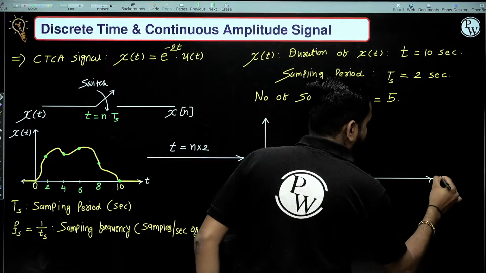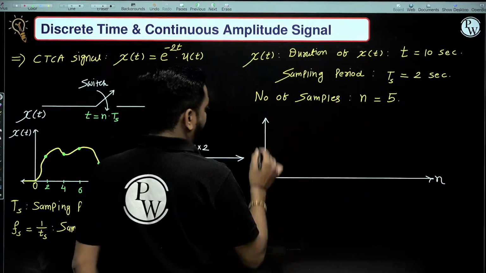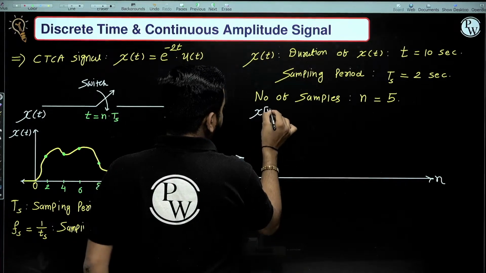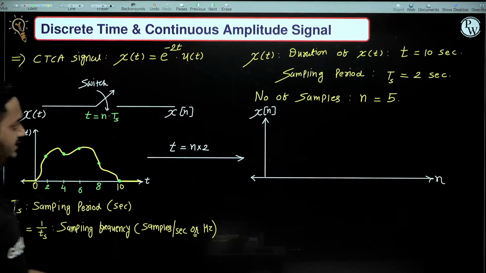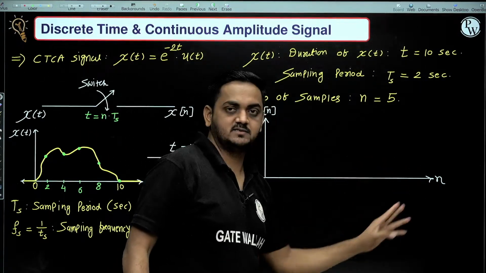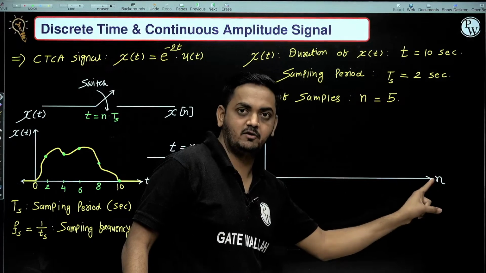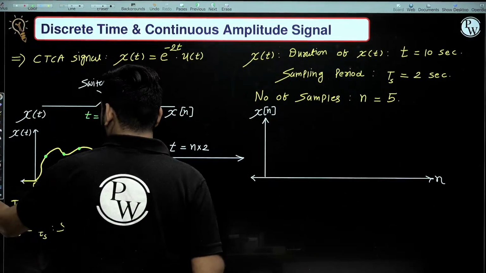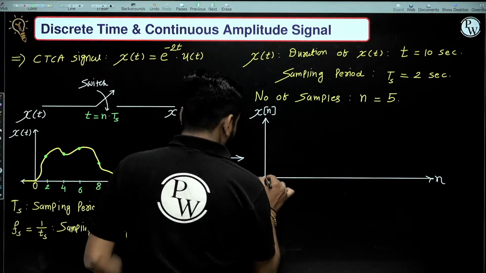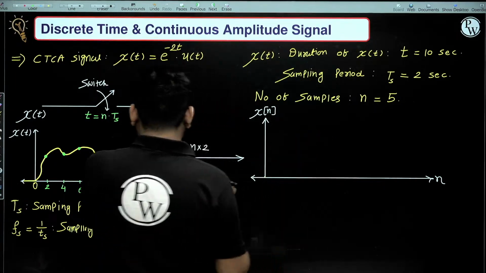Now it is converted into a discrete time signal. On the x-axis is capital N, and here x of n. This was the continuous time signal with y-axis x of t, and here x of n, and only integer values are valid here.